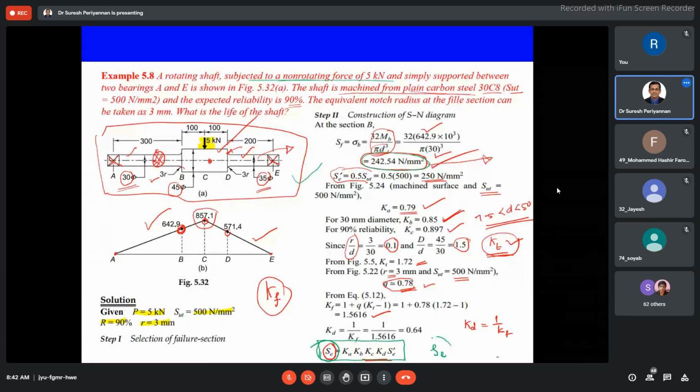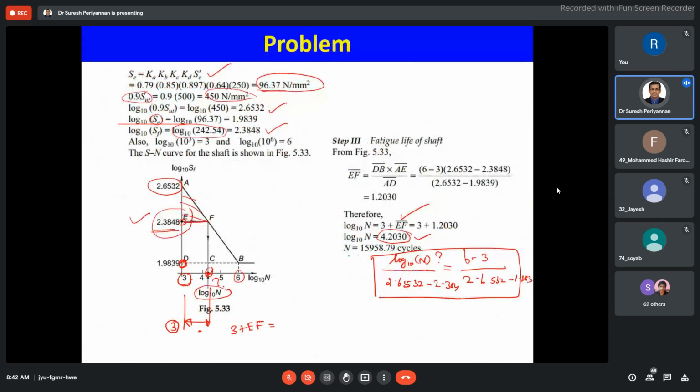SE is always less than our bending stress, because now the material is subjected to 16,000 cycles. Our material life is here. When the material reaches 10 power 6 cycles, the standard number of cycles, during that time this is the endurance limit.